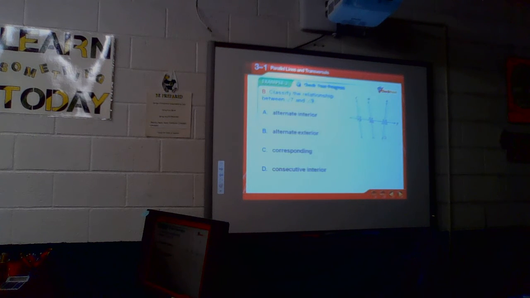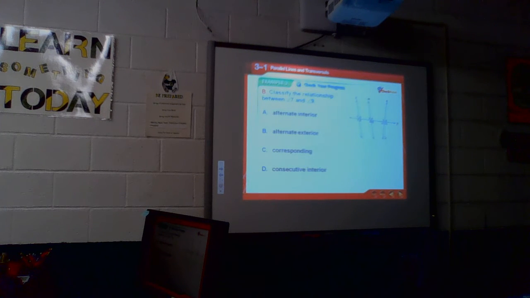Okay? What are angles 10 and 11 with respect to M and N? Consecutive interior. Exactly right. So, the biggest thing that you have to come out with here is whenever you're thinking about alternate, they have to be on the opposite sides of that transversal.